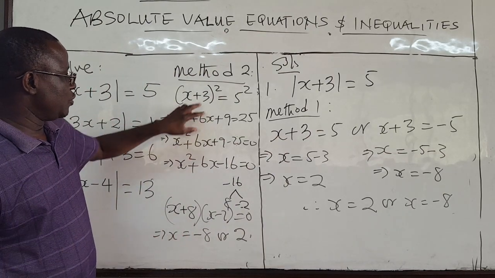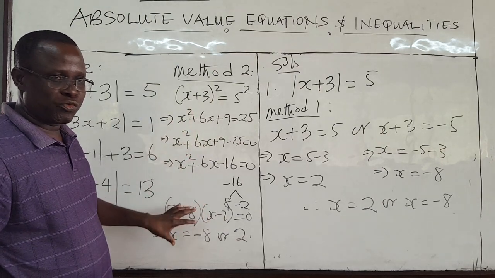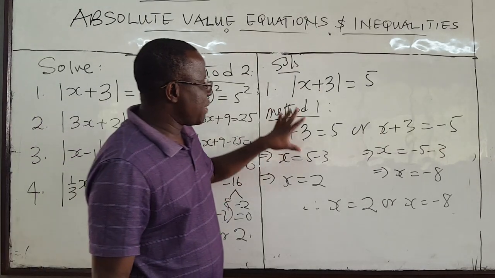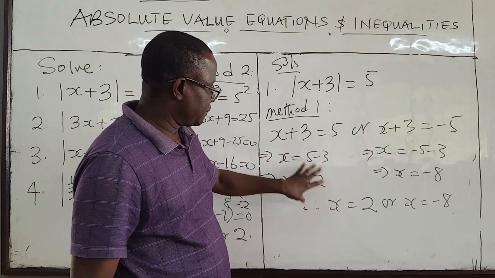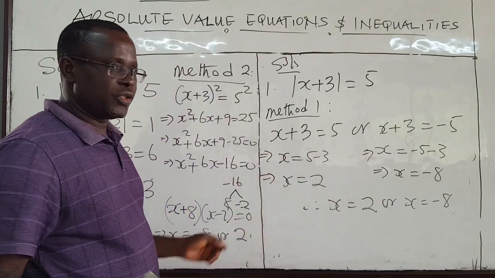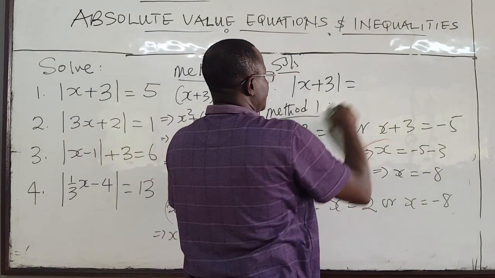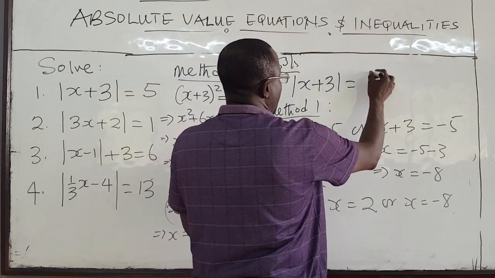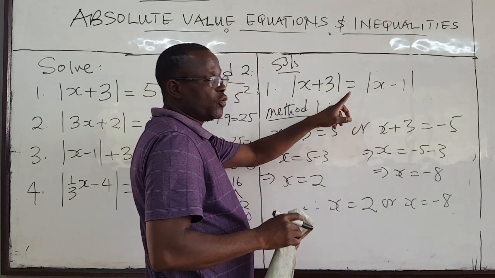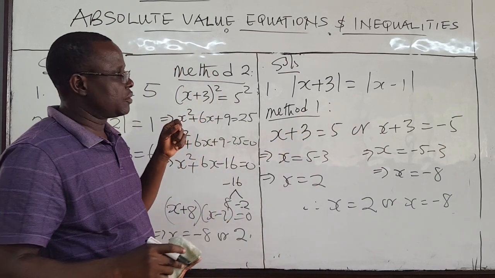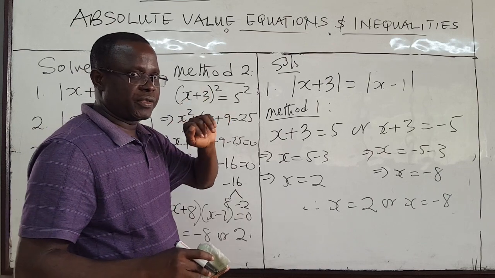When you do it this way, you solve one equation, but that equation is a quadratic equation. Whereas when you solve using method 1, you have both equations, but they are linear equations, and that gives you the same thing. So you choose the approach. If you have equations like x + 3 = |x - 1|, then it's always better to use method 2, because using method 1 means you're going to solve about 4 different equations.